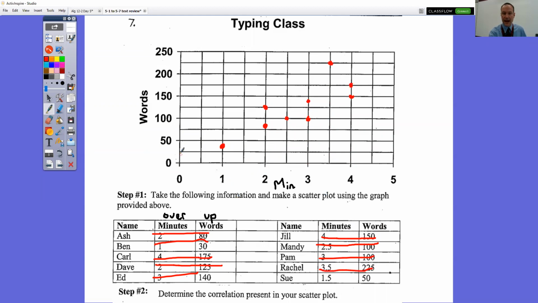And 1.5 and 50. So I graphed all my points.